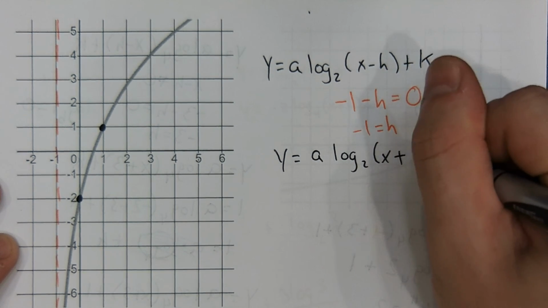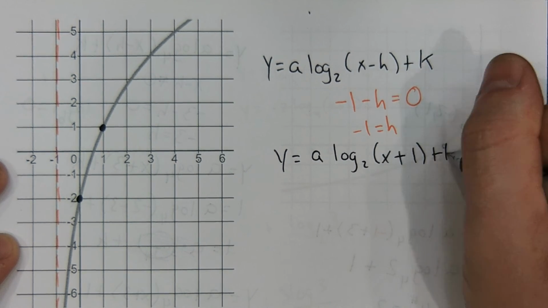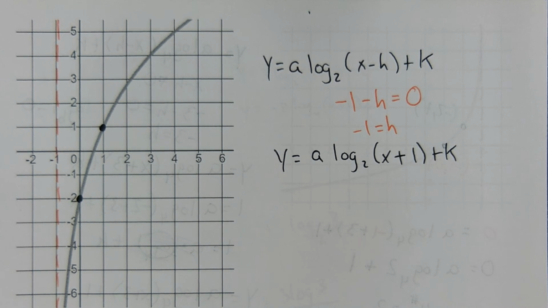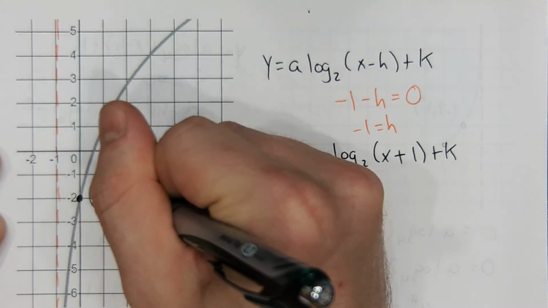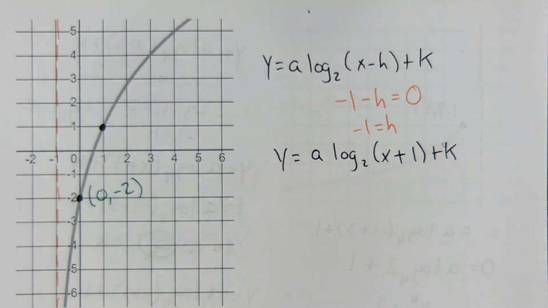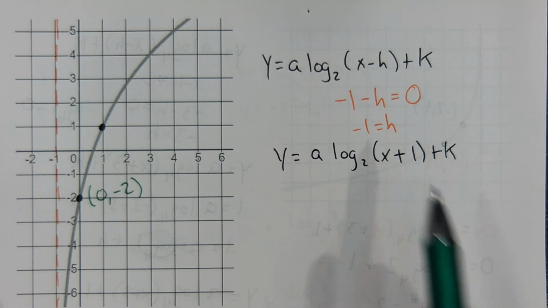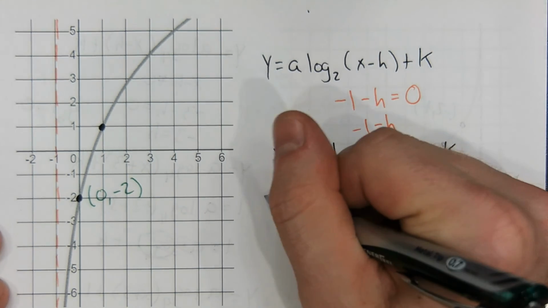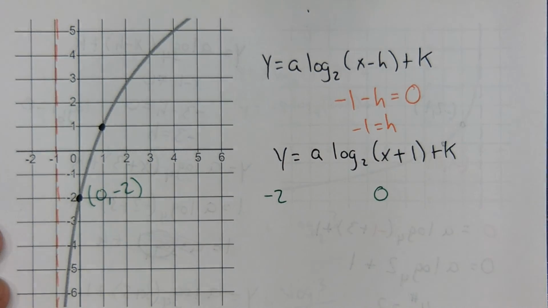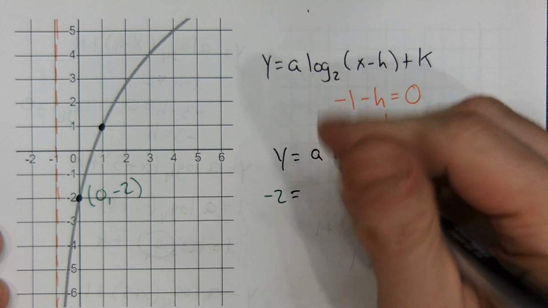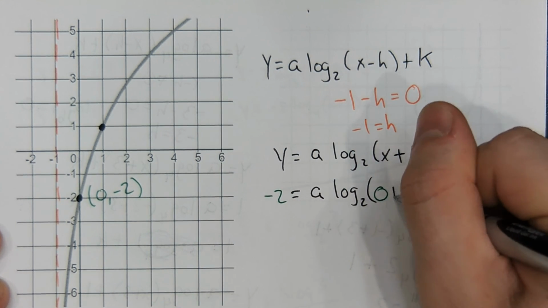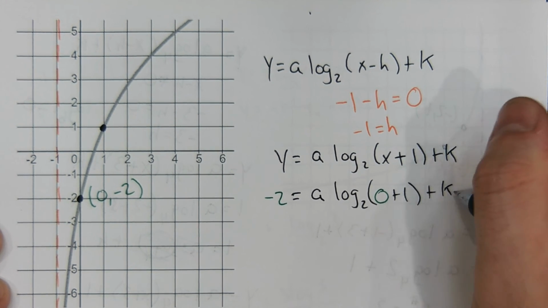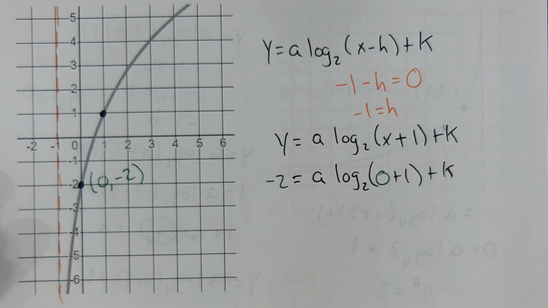Be careful. Again, it already says minus, so we're saying minus -1. x minus -1, plus k. Now, 0, -2 is an x, y. That can be thrown in: y here, x there. 0 plus 1 is 1.